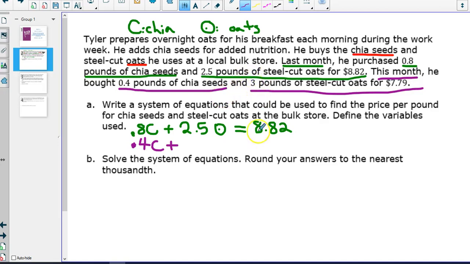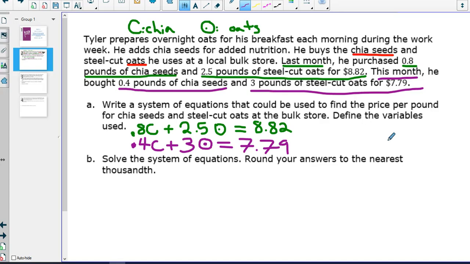Plus he also bought, remember and means plus, 3 pounds of our steel-cut oats. I'll put a little dot in there just to show that's oats. Maybe it could have gone with a T, but that's fine. And that is equal to our $7.79. Okay.